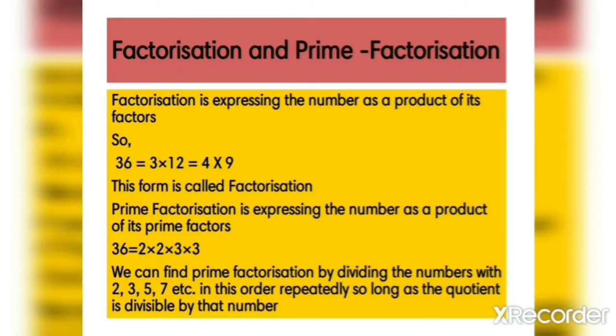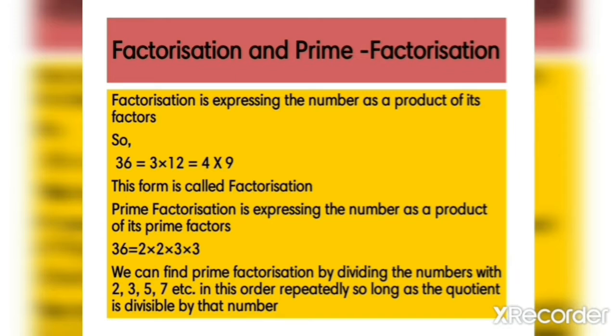My dear students, you have learnt about factorization and prime factorization of a number. Be careful. Prime factorization and factorization are different things. Factorization is expressing the number as a product of its factors. Here we have one example, 36. 3 12s are 36, 4 9s are 36.